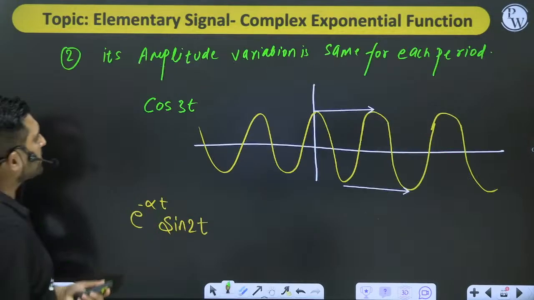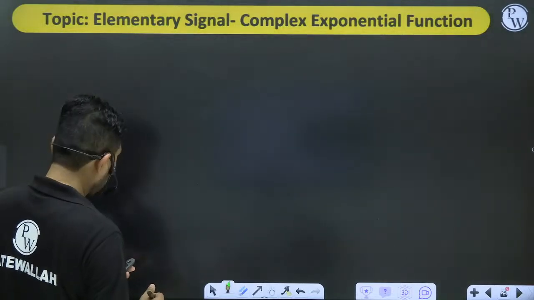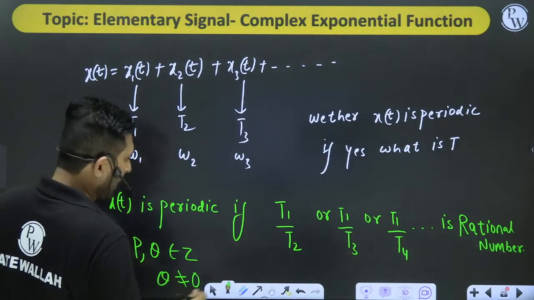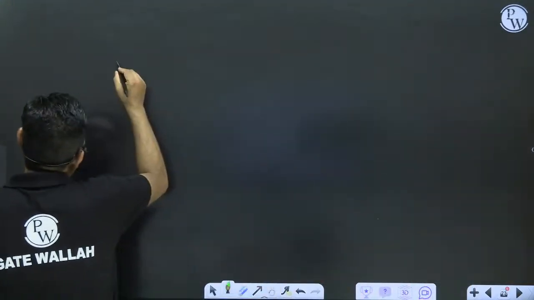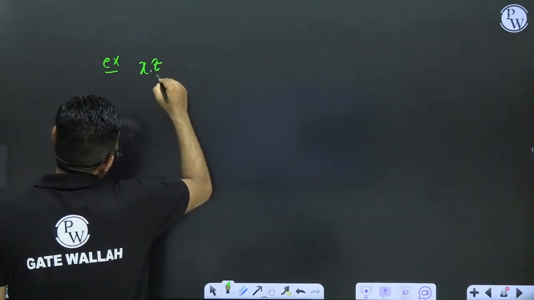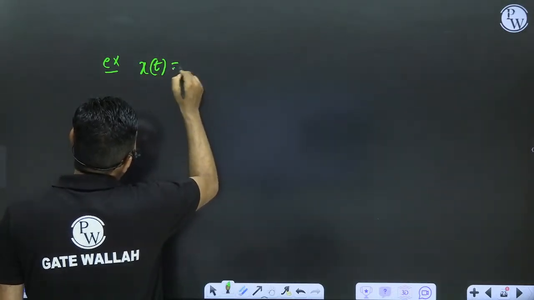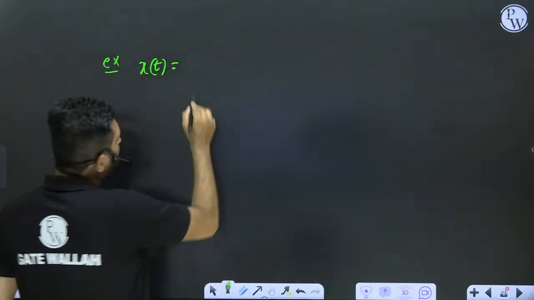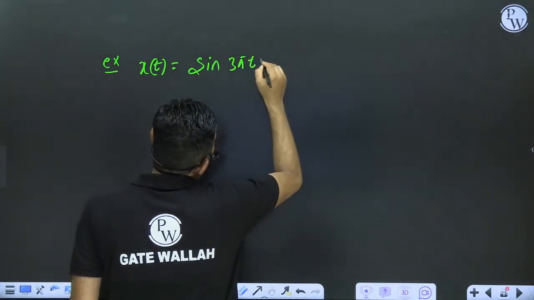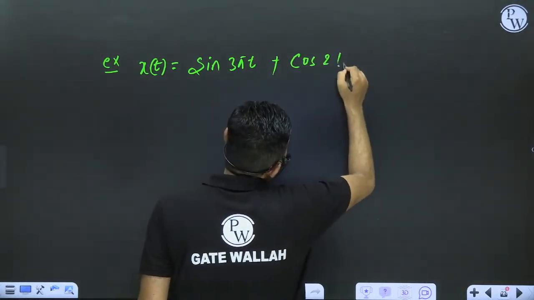So for example, let's consider an example. Suppose I have x of t which is equal to sine 3 pi t plus cos 2t.